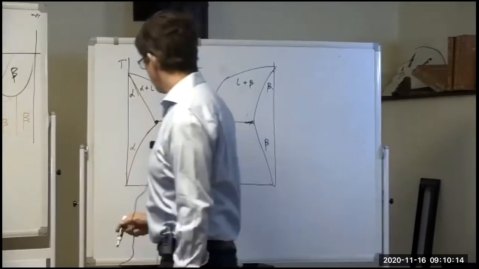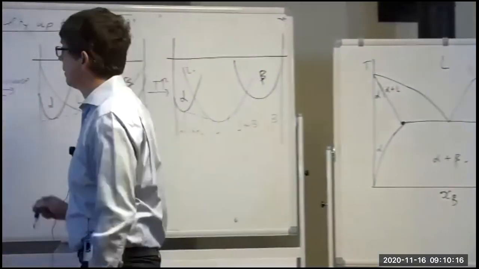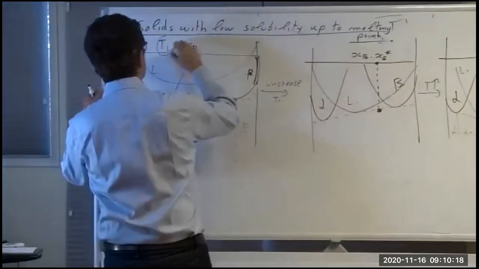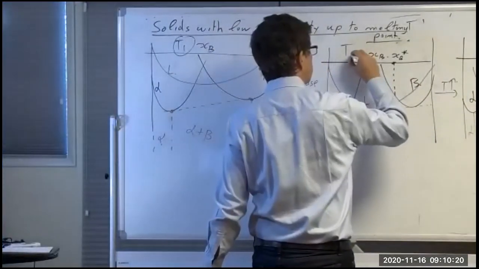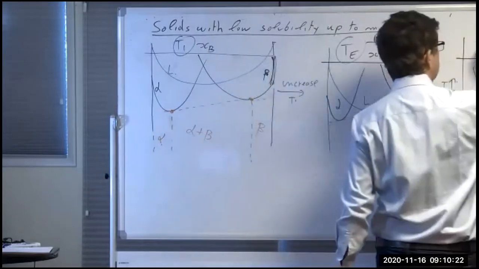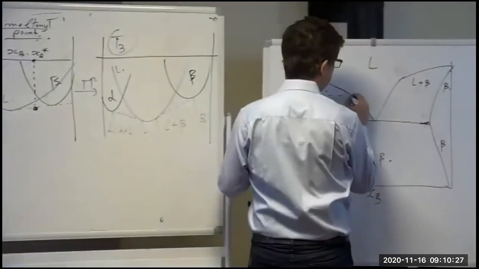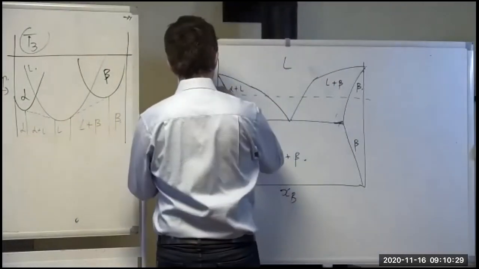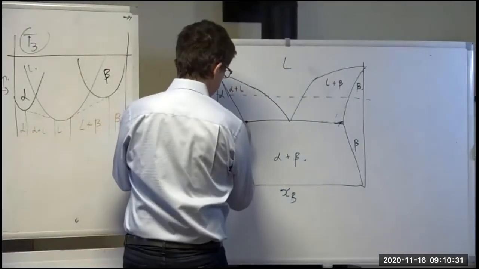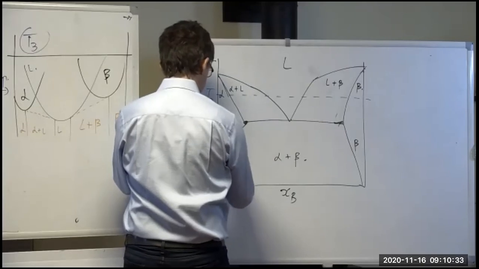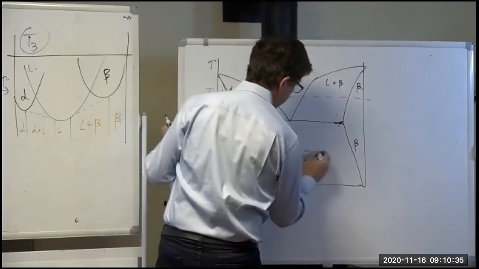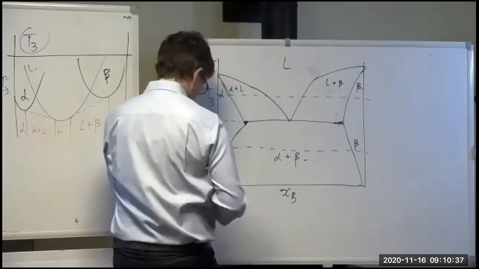And now we can put our temperatures on here. This is T1. I'll call this TE for T eutectic, and this is T3. So this here is T3, this here is TE, and this here is T1.